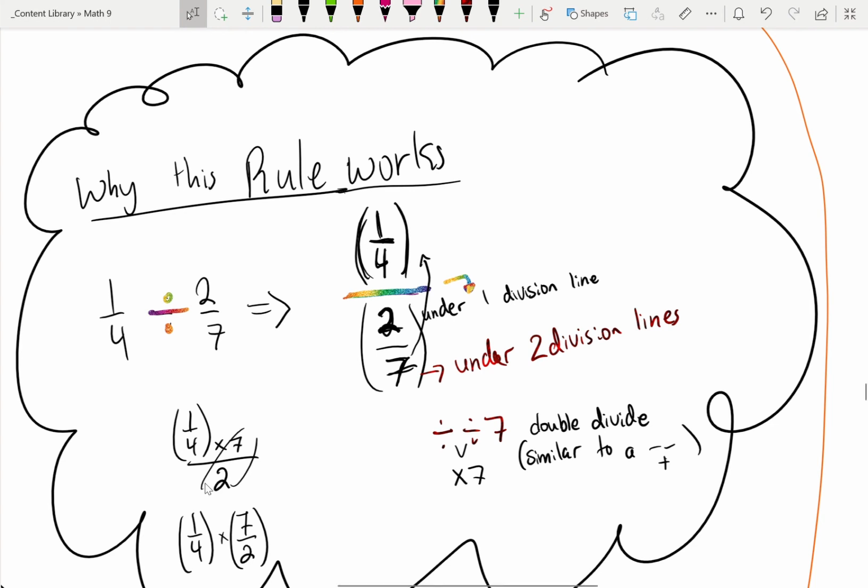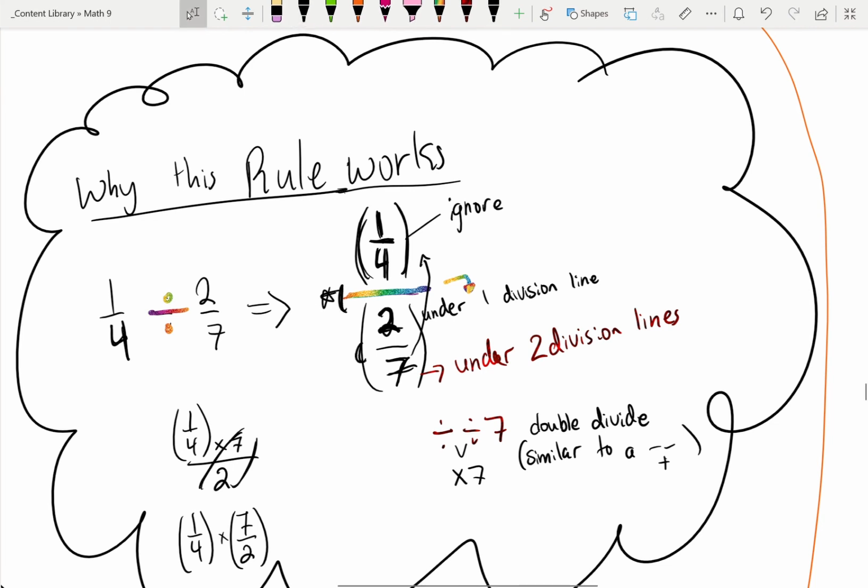And it also shows why we flip the second one, because this 1 isn't under any division lines. This 4 is under one division line, so it's going to pop under this one. Now, when we look under this line here, we ignore this one. We just look at this line and this line.